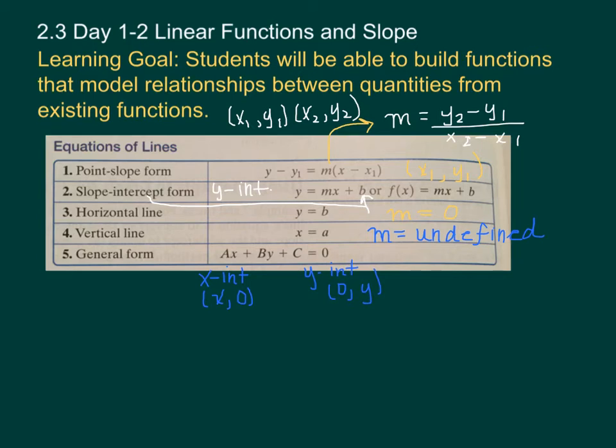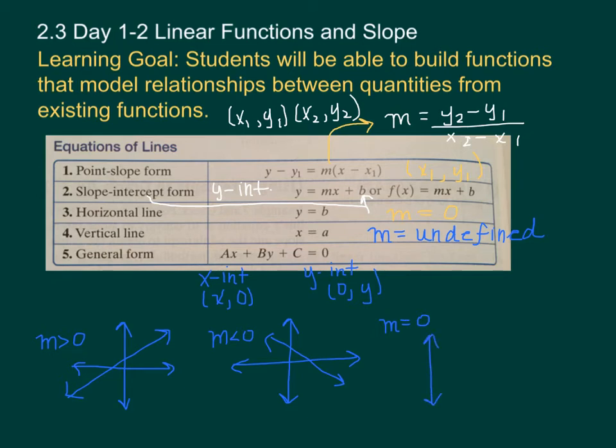And just to remind you about the different types of slopes in their lines, you have a positive slope. So if m comes out to be greater than 0, this is a positive slope, and it will be rising from left to right. We have the negative slope, and it will be falling from left to right. We have the 0 slope.